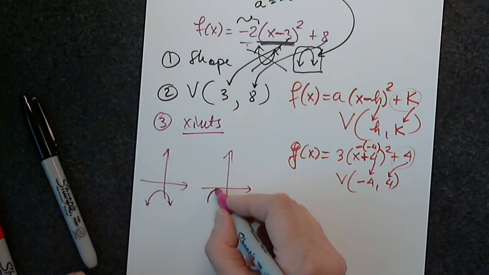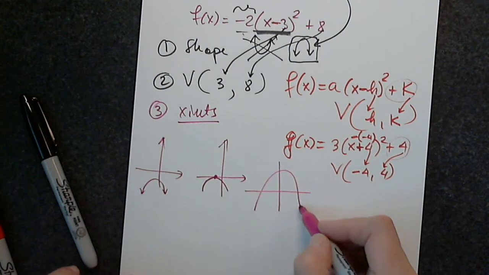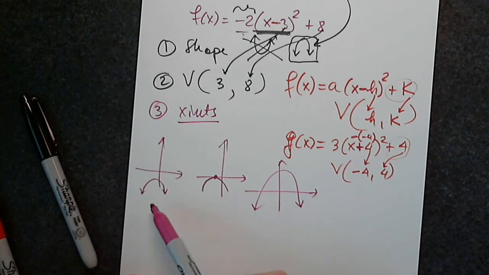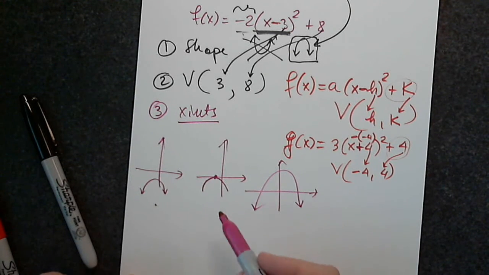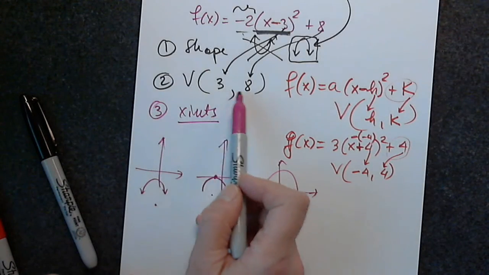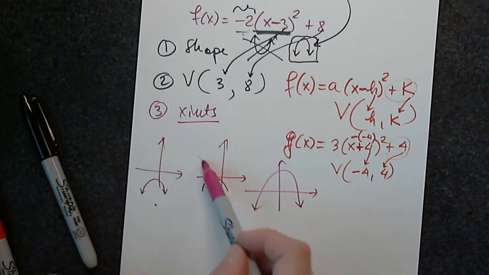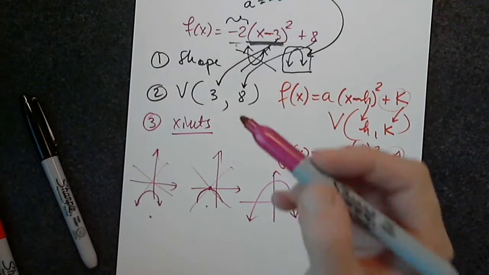This is the second possibility. And this is the third possibility. The question is, if it's this, x-intercepts don't exist. If it's this, the vertex is the x-intercept, but that's not the case. So these two are not possible.